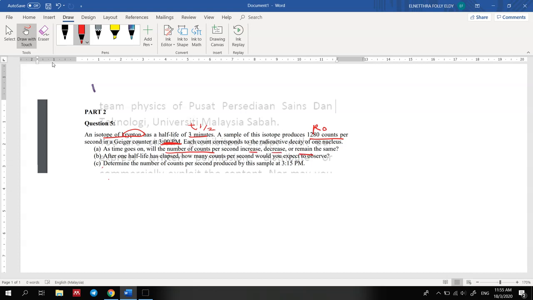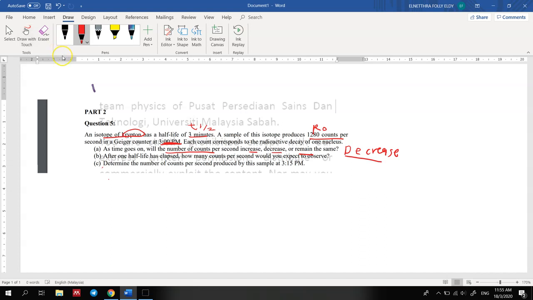Well, obviously it will be decreased, right? Because this is nuclear, and you know that after one half-life the number of counts is supposed to be half of the original. So the answer is decreasing.